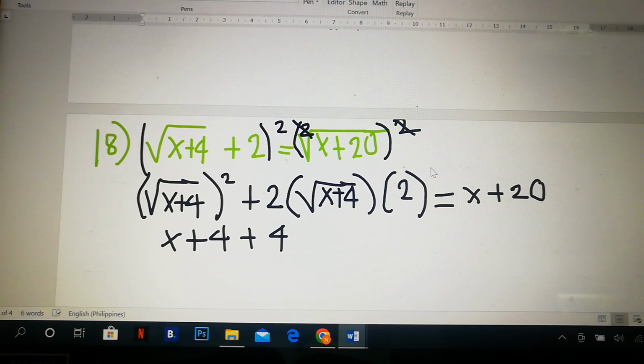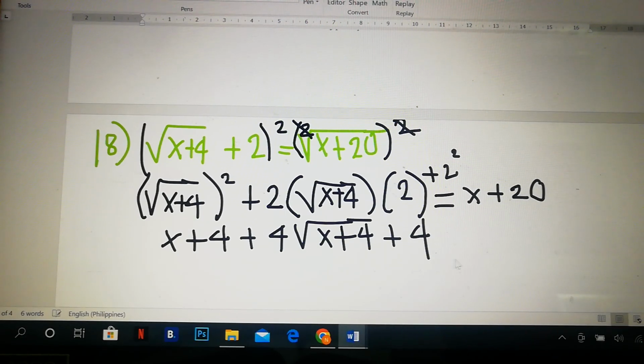So squaring 2 is equal to 4. So 4 square root of x plus 4, plus 2 squared, which is equal to 4, which is equal to x plus 20.